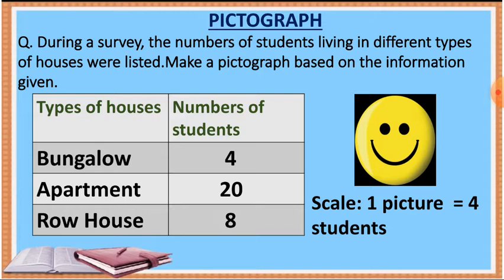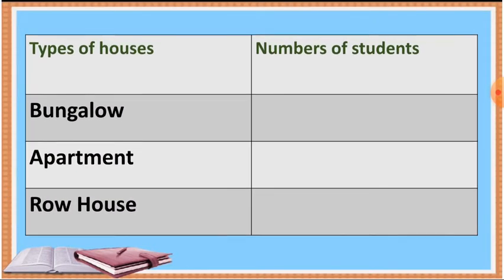Okay, students? Now moving ahead, we'll make the pictograph. To make the pictograph, you need to draw the table and write types of houses and number of students. So your types of houses were first bungalow, second apartment and third the row house. Now let's start making the pictograph.